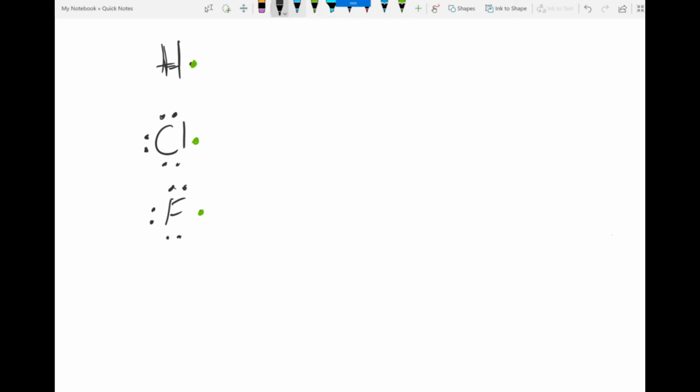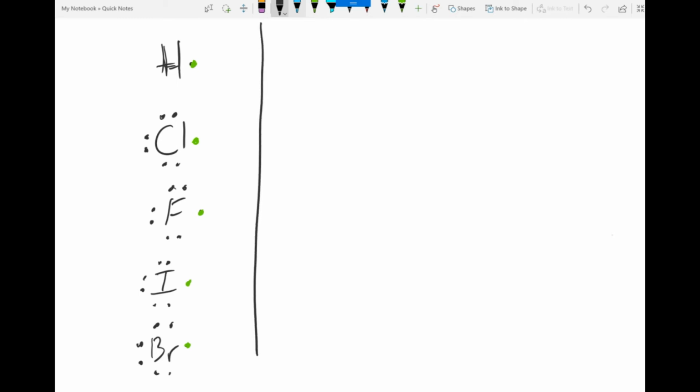And then you have the other halogens, like iodine, bromine. These guys you can consider to be in the category where, because they only really have that 1 electron, the general tendency is that they're all going to just make one bond, right? So if we section this off, we'd be looking at these guys and saying, all right, well, they can make one bond.